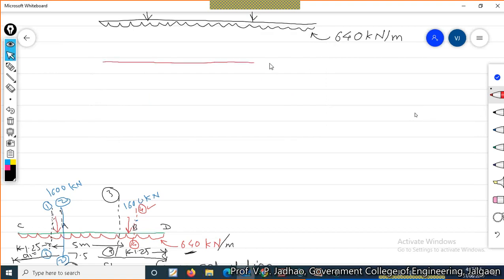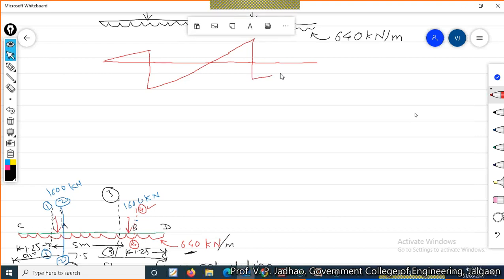So the shear force diagram is here: 800 kilonewton, here again 1600 kilonewton, here 1600 kilonewton, and here 800 kilonewton.